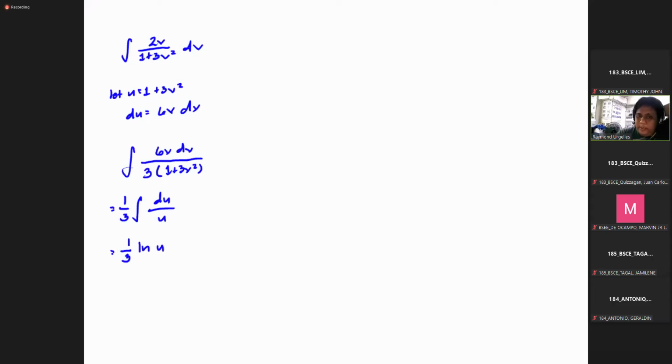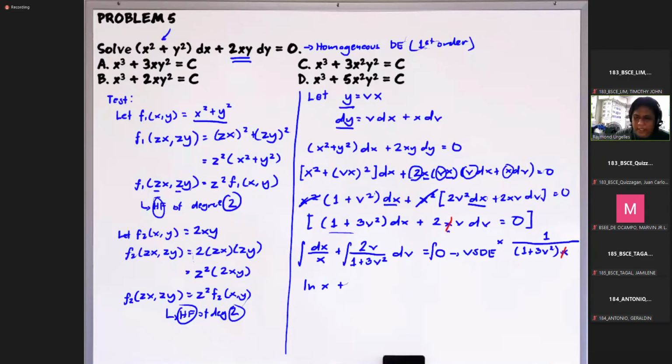Diba? So ngayon, yung u natin is 1 plus 3v squared. So therefore, this will be 1/3 of ln of 1 plus 3v squared. Okay? So again, yan yung solution natin.